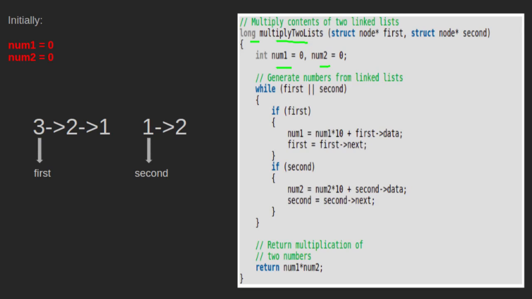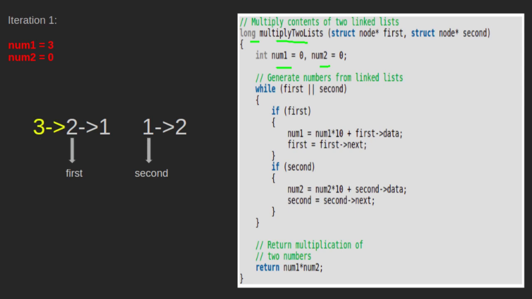We then start traversing the linked lists. Since first is not null, it will update the value of num1 by multiplying num1 with 10 and adding the current node data, that is 0 into 10 plus 3, which is 3. So the value of num1 becomes 3 and first will move to the next node.